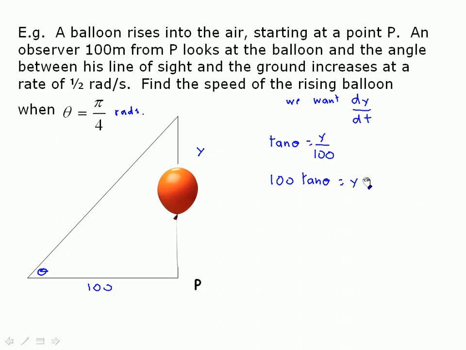It's not a big deal. It wouldn't matter if you did. I did it this time because I know that I want dy/dt. So for me, it makes sense to isolate it now. But it isn't a big deal. When we differentiate at this point, we get 100 secant squared theta times d theta/dt is equal to dy/dt.